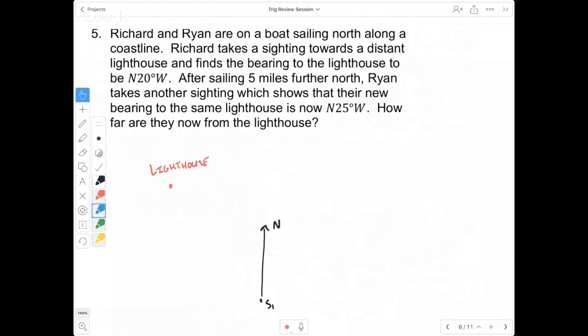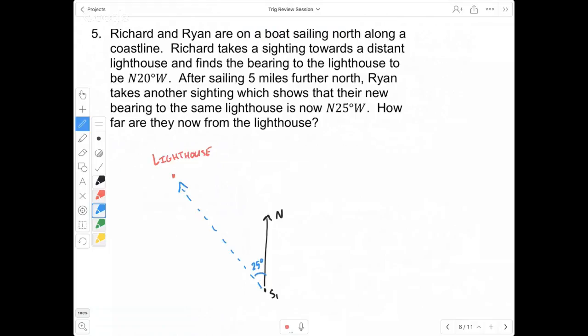So let's look at this problem. We're going to call that 25 degrees, even though it's clearly not 25 degrees. But here's their sighting. So they were sighting off at the lighthouse, and this was north 25 degrees to the west.